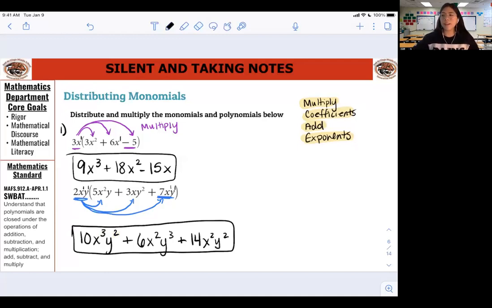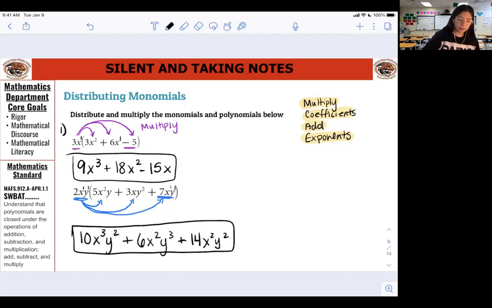I had a very clear question. Are there any like terms? In the top example, example number 1, any like terms? In example number 1, there are no like terms.